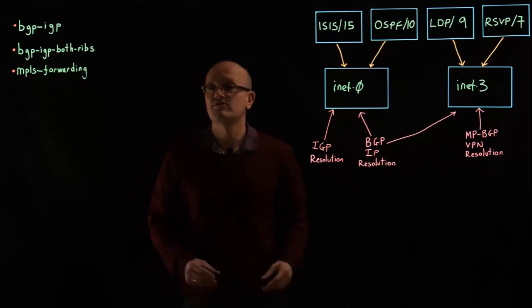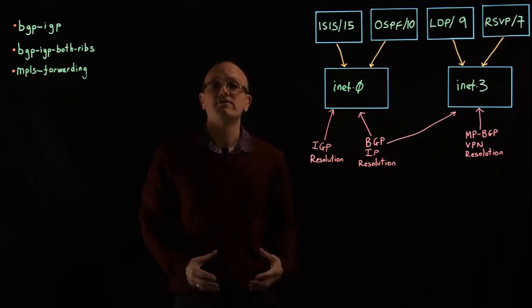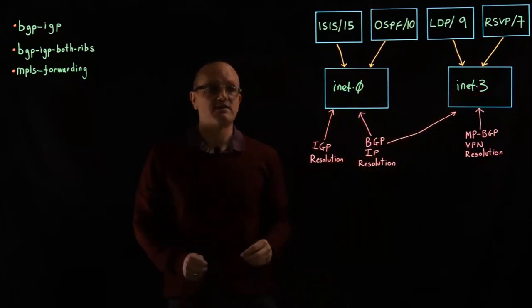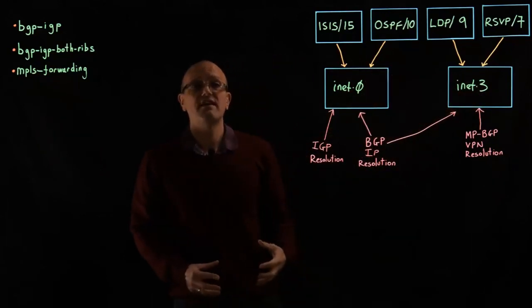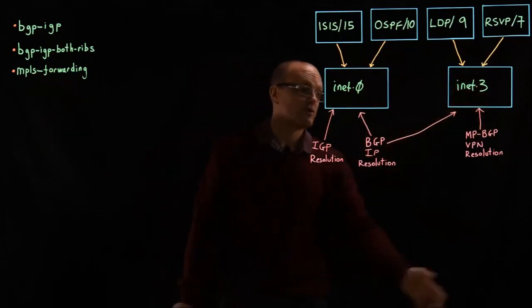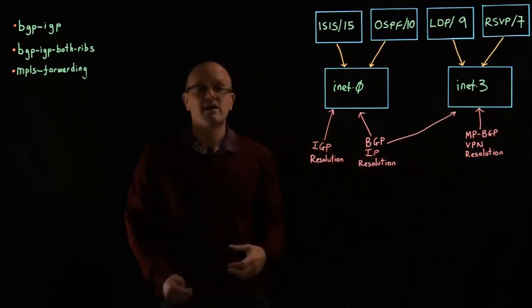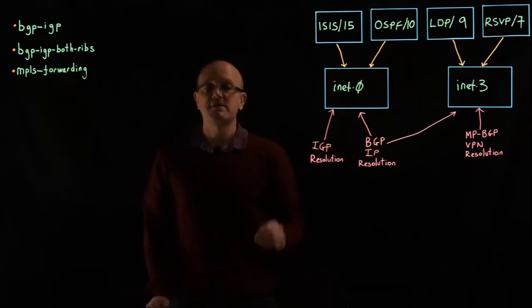Instead, what we could use is bgp-igp-both-ribs. What this does is, instead of moving routes from inet.3 to inet.0, it copies routes. So the routes are left in inet.3 to support multi-protocol BGP VPN route resolution, and they're copied to inet.0 to facilitate IGP route resolution.